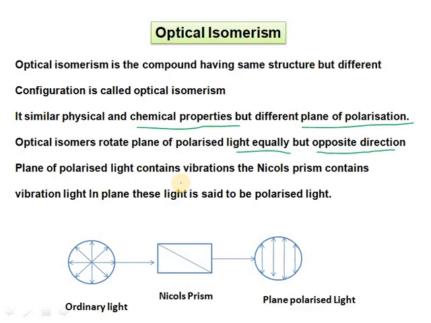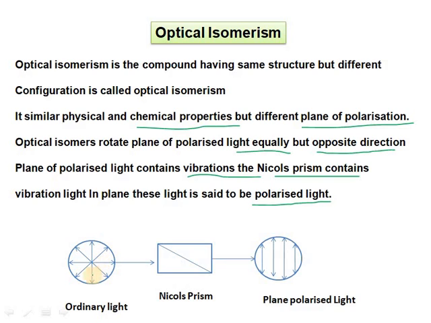Ordinary light contains various vibrations, so Nicol prisms are mainly used for collecting all this multi-vibrating light into one plane, and this light is said to be polarized light. Ordinary light has rays that can vibrate in any direction perpendicular to the path of propagation.